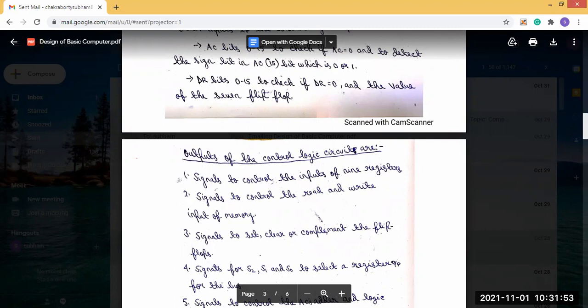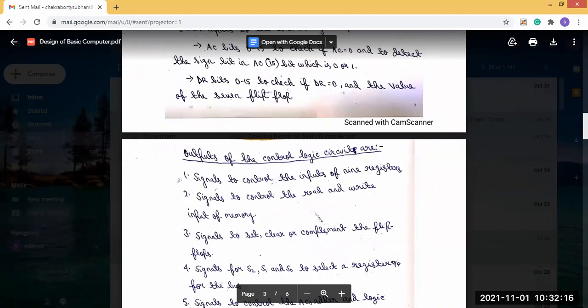Signals can also be generated for our selection lines S2, S1, and S0. What are these? Selection lines, used to select which register output we have to choose for the bus. That means which register output we will choose for the bus.